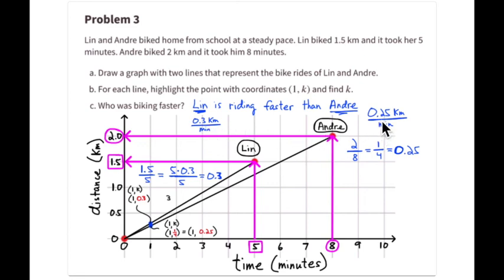So 0.05 plus 0.25 is going to give you 0.30, that's 3/10. So 5 hundredths of a kilometer farther for every minute traveled. So 3/10 of a kilometer per minute and 25 hundredths of a kilometer per minute. Lynn is riding faster.